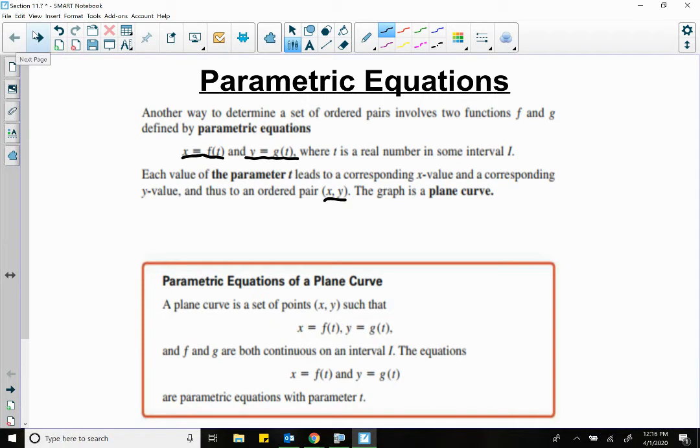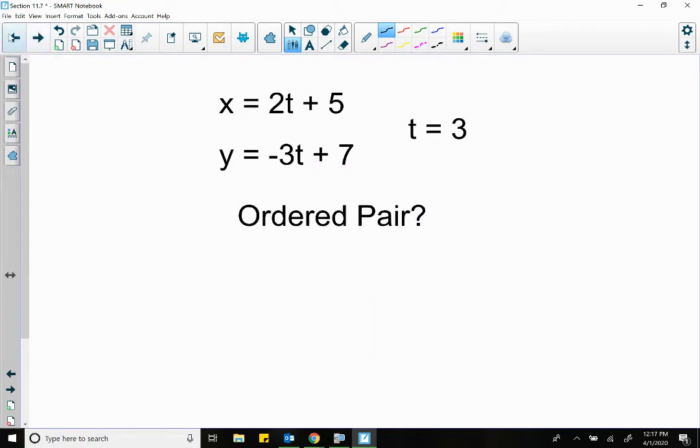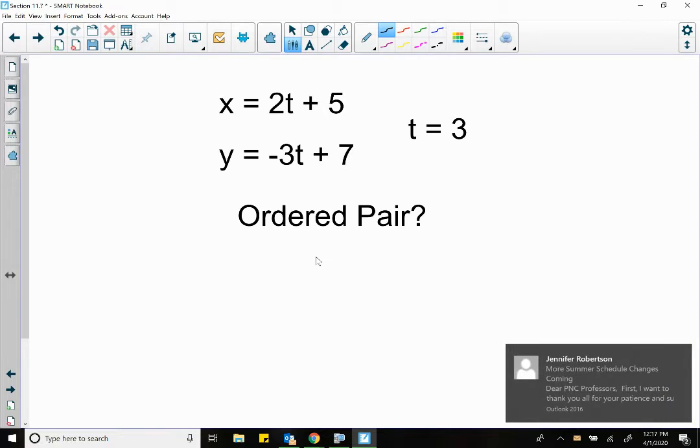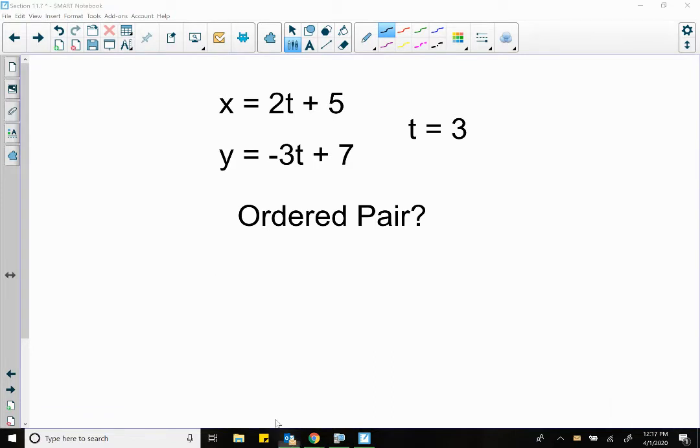All right, so let's talk about what you're going to be doing. First things first, whoa, too far. All they want you to do is tell us the ordered pair. Well, that's simple. They're telling you what t is here.